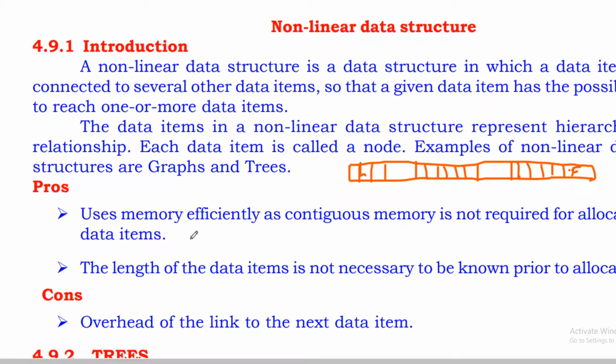Now this space cannot be used for a linear data structure, and this space is also vacant. When you combine these, we get a huge space. Because I want consecutive memory, this memory cannot be used for a linear data structure.